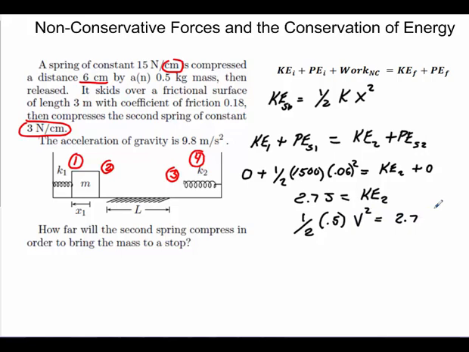We take 2.7 times 2, divide by 0.5, take the square root of that. Let me do it one more time: 2.7 times 2, divide by 0.5, take the square root. That gives a velocity of about 3.286.